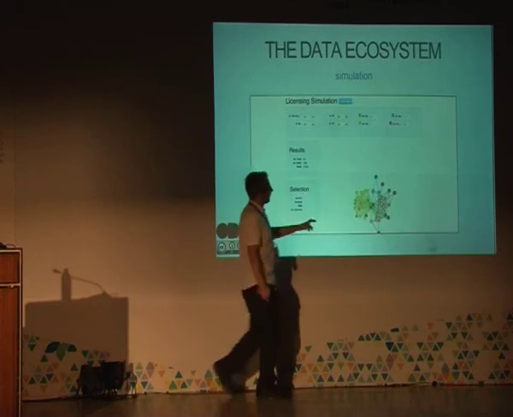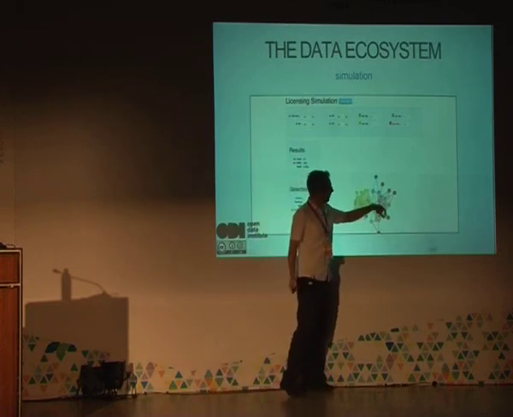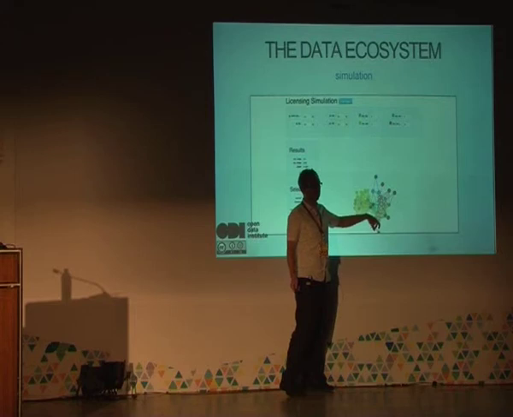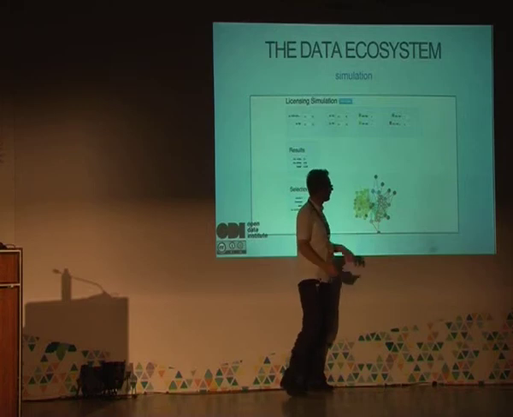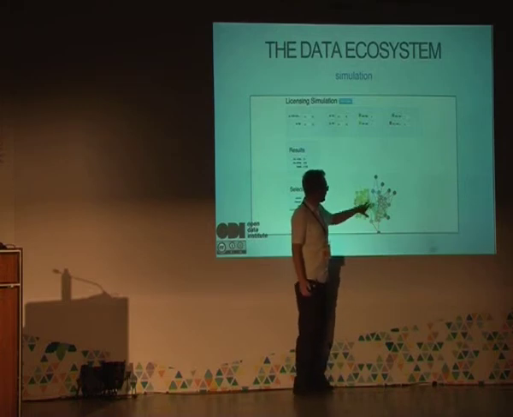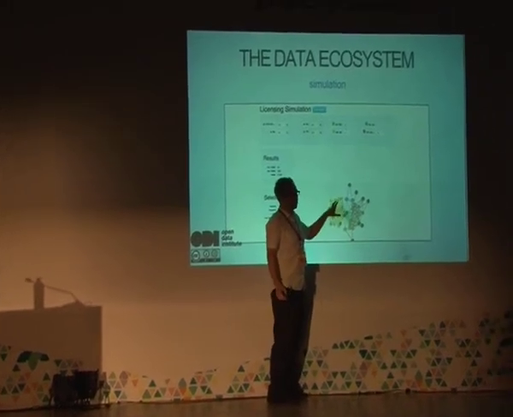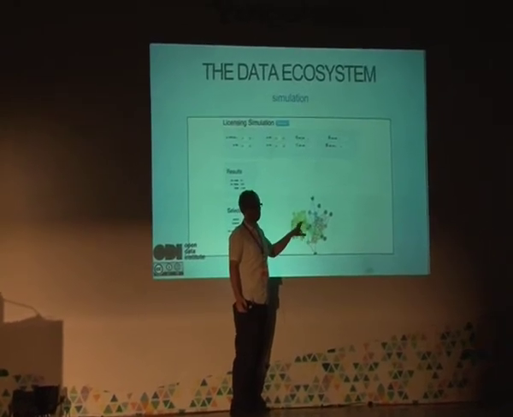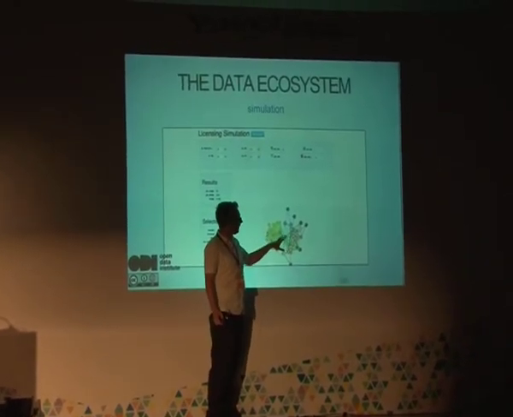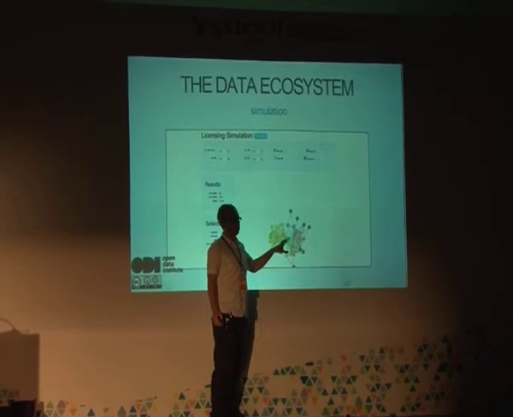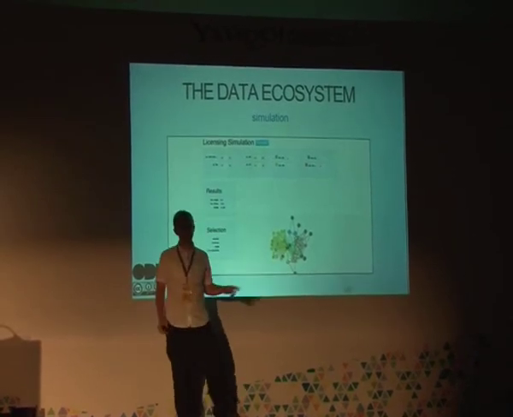On the right, the blobs with the red border are commercially licensed data sets, which you're not allowed to combine with other things. On the left are data sets licensed with a viral share-alike license, and in the middle are more liberally licensed data sets that just have an attribution component.